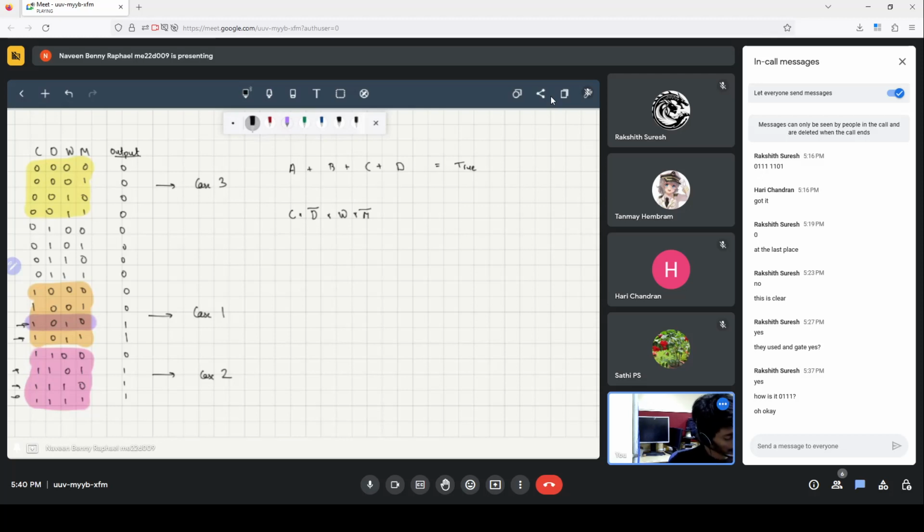We want this expression to be 1 at this combination of C, D, W and M. Therefore, the only way that can be done is C multiplied by D negation multiplied by W multiplied by M negation. When I say multiply, it means AND, by the way.